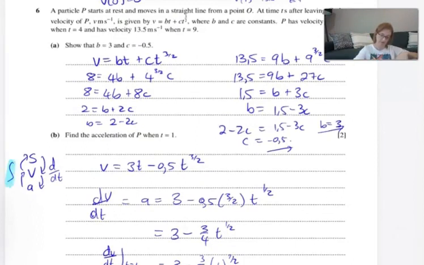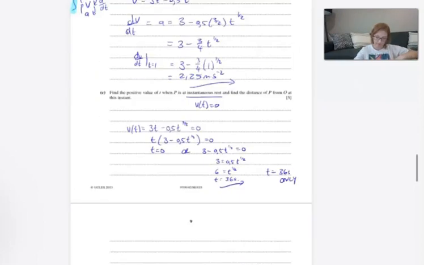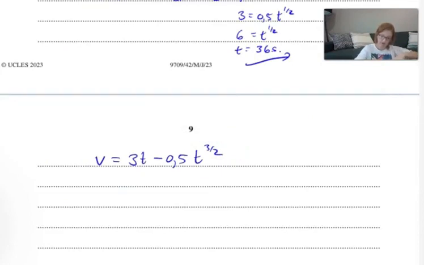So I'm going to integrate my velocity time formula. Okay, so my velocity is this. I'm just going to copy it. And now I want to integrate. So basically I've got a curve, whatever that looks like.